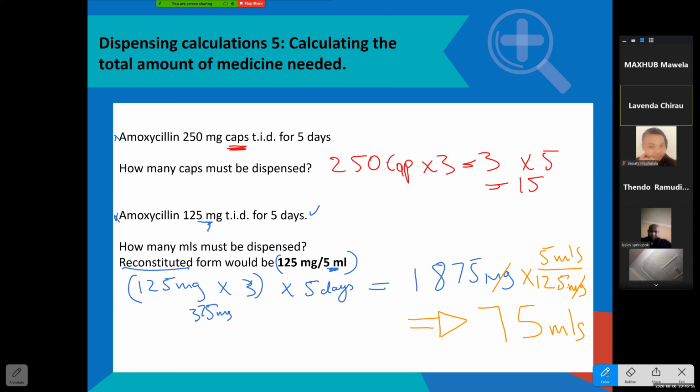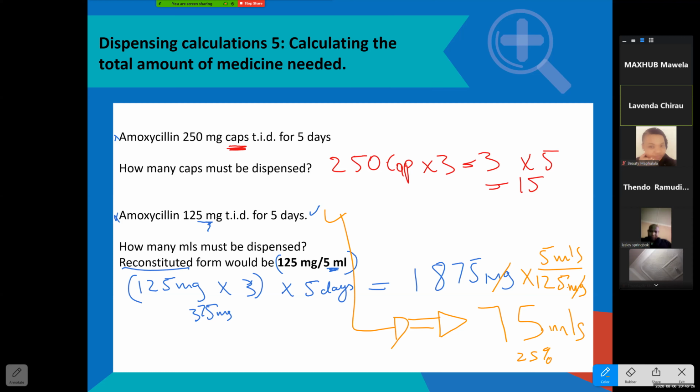So a child who's prescribed this medicine must get the bottle. If it's a 100 ml bottle, it should at least have 75 mils. And they always recommend that you can increase it by at least 25% of what is required, because sometimes there's a spill.